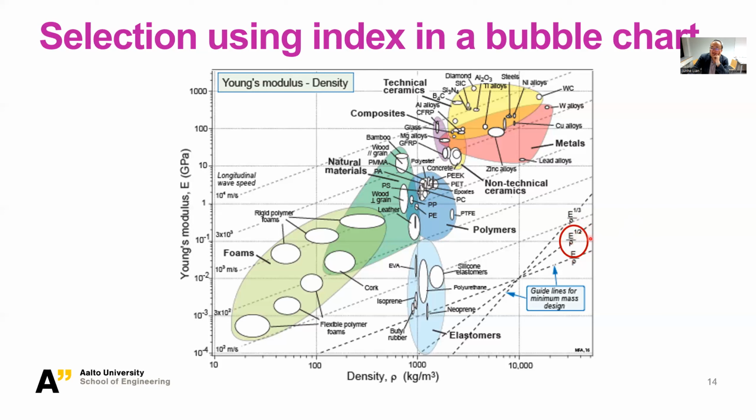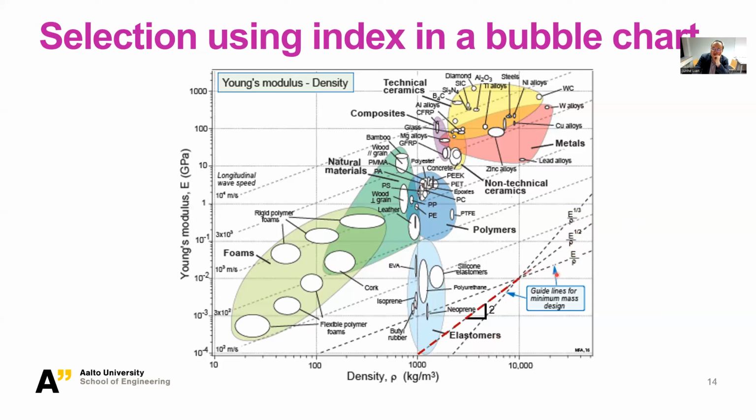Most of the loaded components in an airplane will be subject to bending, especially beam bending. That's why we cannot do the material selection via specific stiffness, but we have to go with the square root of E over rho. Basically, the slope should be 2 instead of 1.